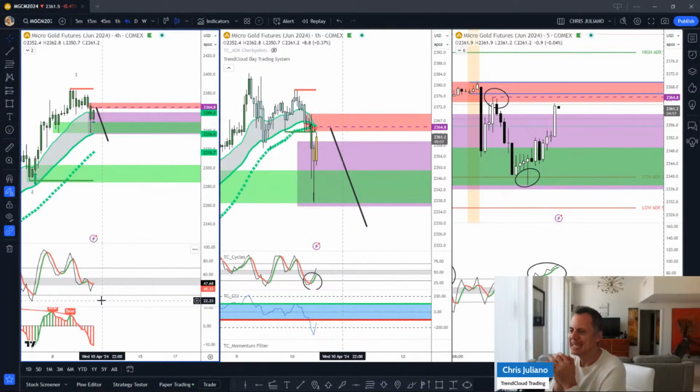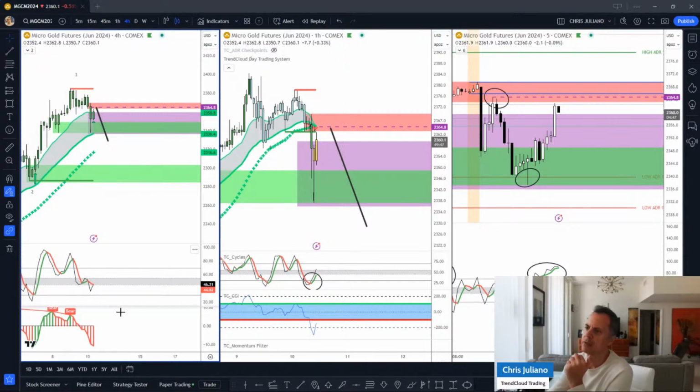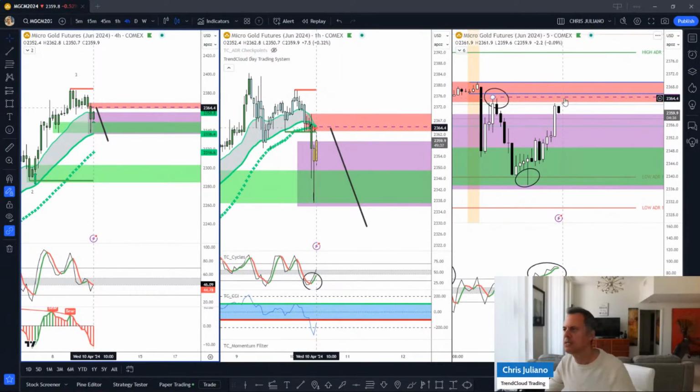So guessing is not what we like to do, right? We don't like to guess. We like to follow a trade plan. Trend and momentum need to be in the same direction in order to make a decision.